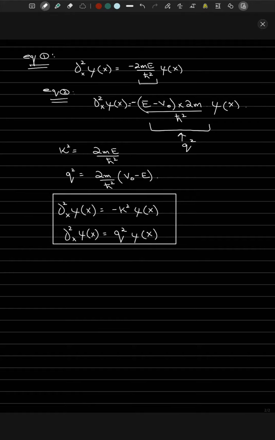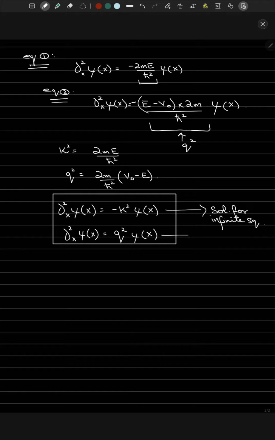The solution for this equation is the same as the solution for the infinite square well. So if you recall that, that was simply in terms of sine kx plus cos kx, where you would have some constants attached to both of these functions.